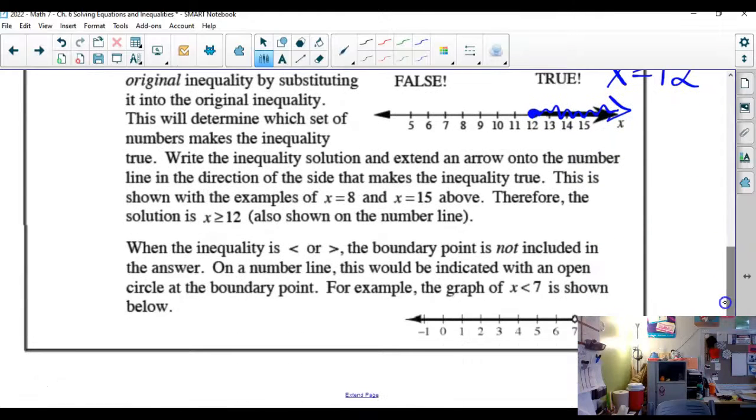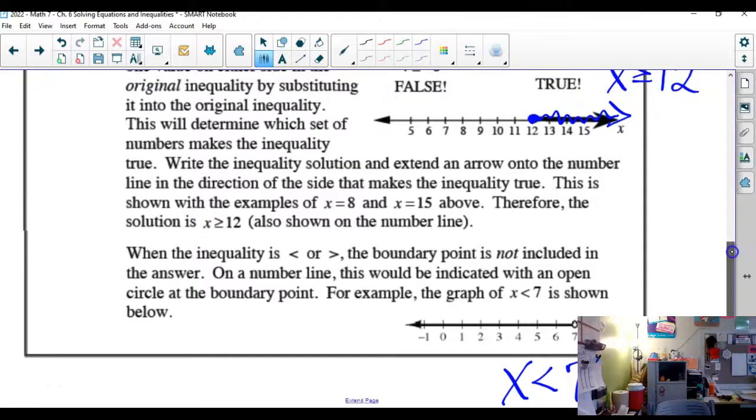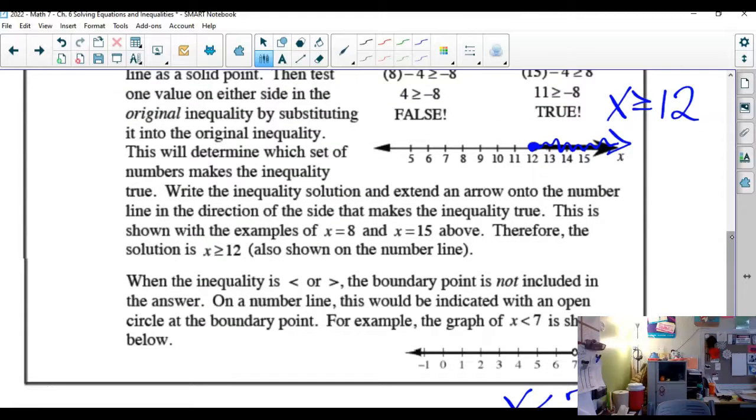So remember, this stuff is always in your textbook if you need help. This would be x is less than 7. Why is my boundary point not shaded? Antonella? It's not "or equal." We have to have the "or equal to" to shade in the boundary point. Questions?